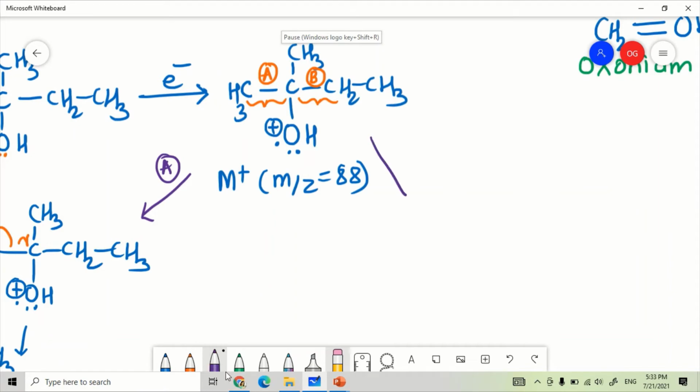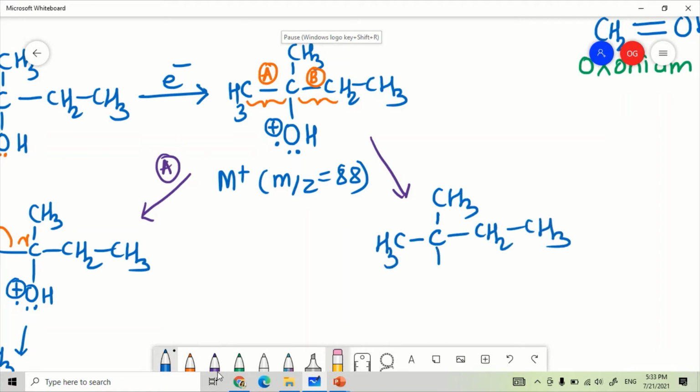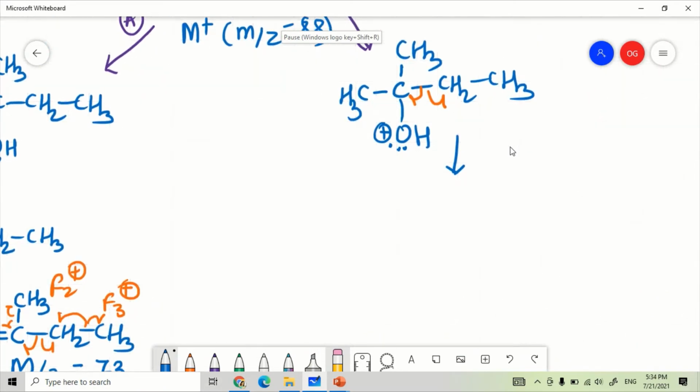So the next pathway here is this. For that I'll rewrite the structure as CH3CH(CH2CH3)OH. Now if the fragmentation is happening here, how will the fragment ion look now?